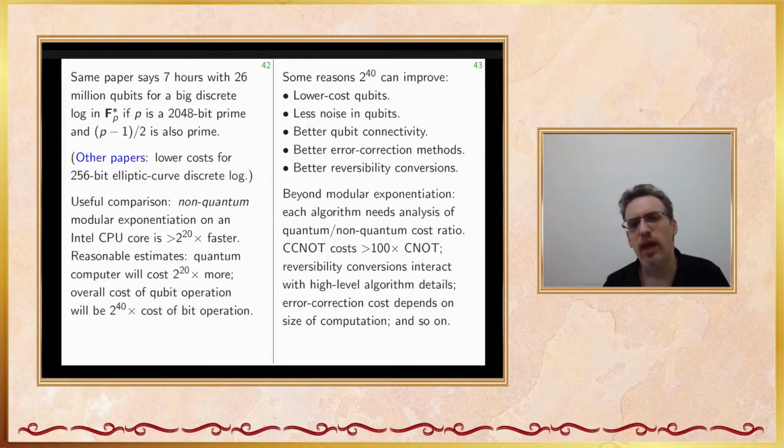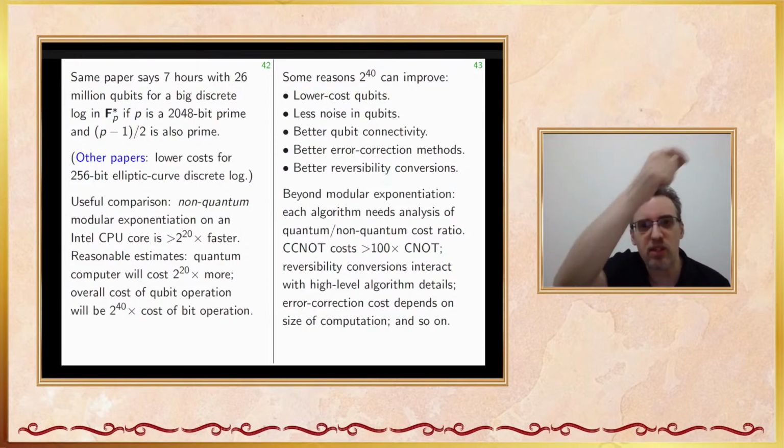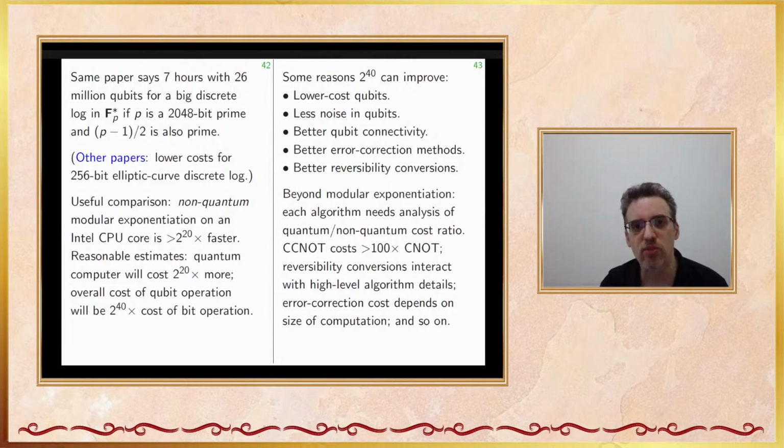And then if there's some way to do, for instance, quantum teleportation, or some other way to not just move data to your near neighbors in a bunch of steps to get across the chip, then you would be able to do some faster quantum computations. That would save a lot of cost in these algorithms.